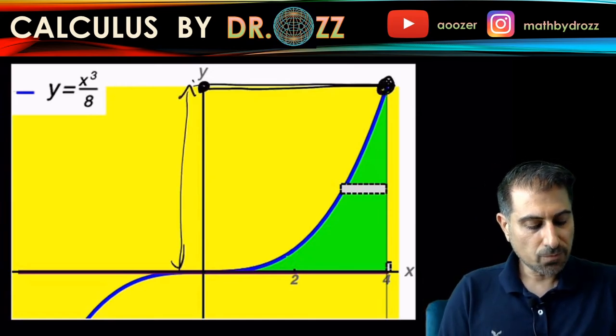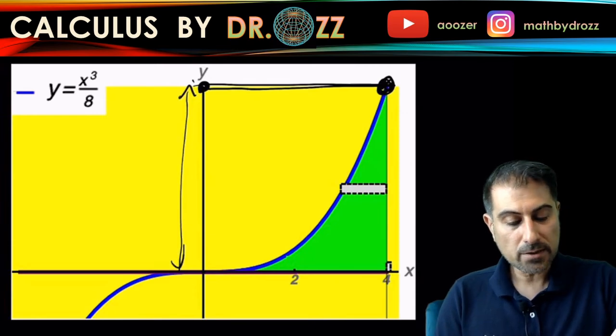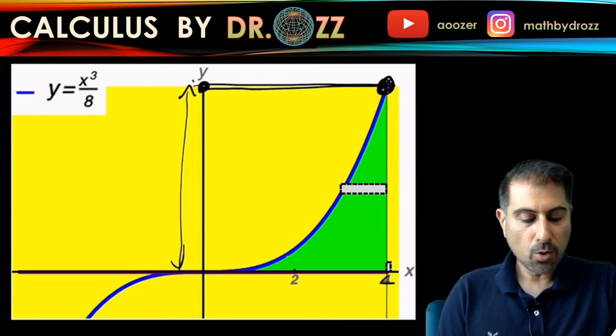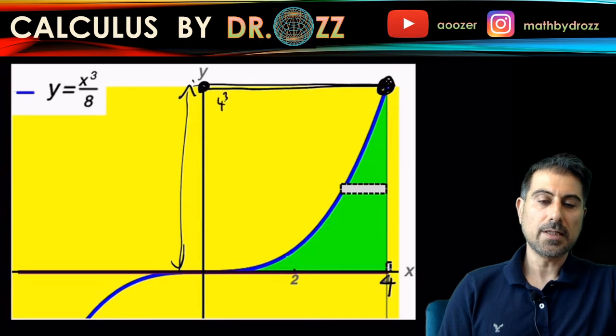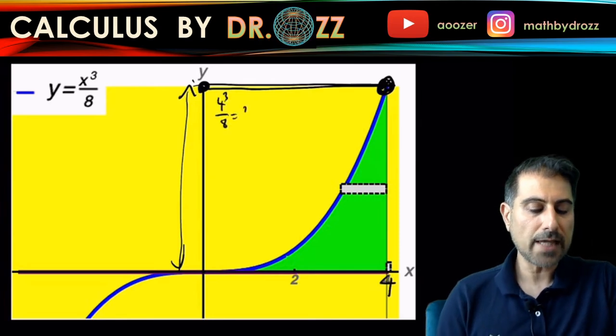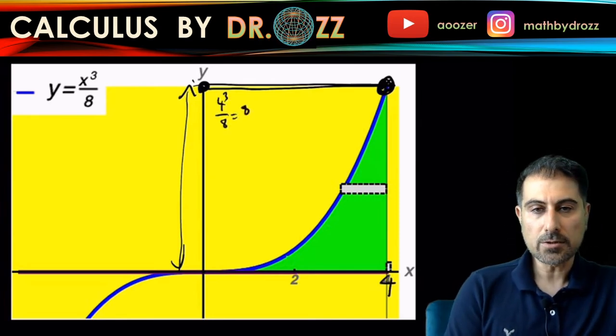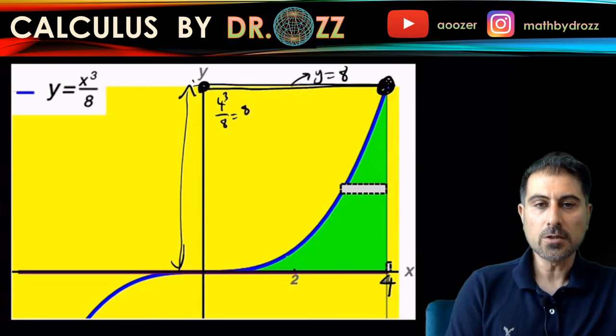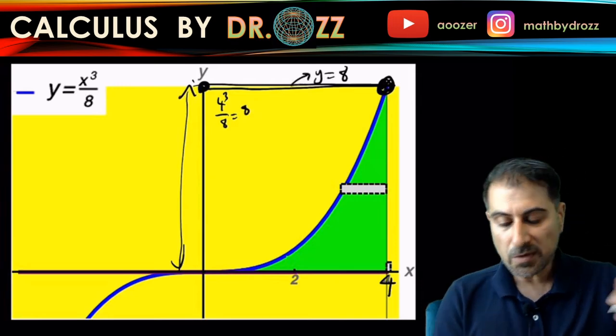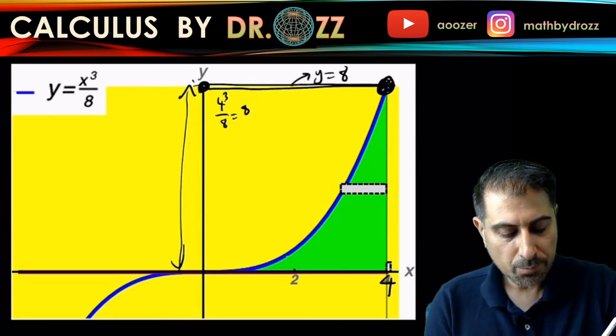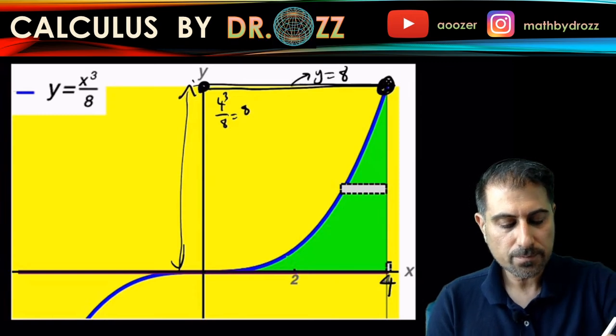When x equals 4, that's the intersection point. y is going to be 4 cubed over 8, that's equal to 8. So this is the horizontal line y equals 8. All the y's within the region are ranging in between 0 and 8. I'm going to go back and put 0 and 8 here.